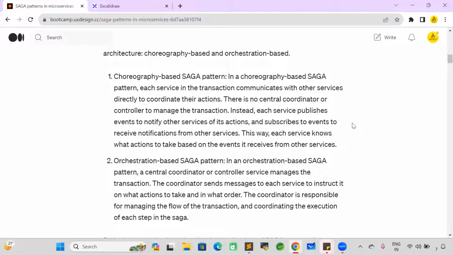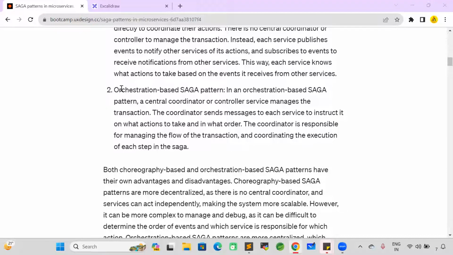We will manage the transactions among multiple microservices based on the events. One service will perform some operation and trigger one event. Based on the trigger, the other service will act. The event based approach we are going to follow. Now, see the second one.